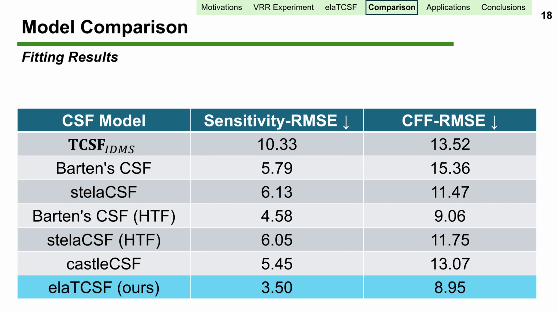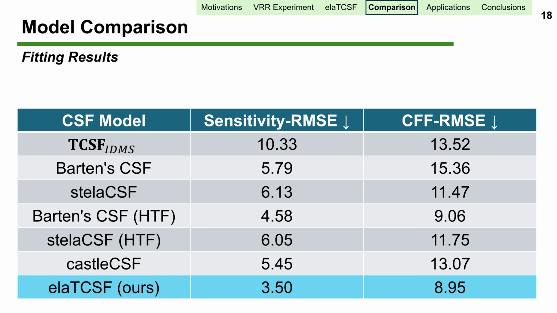The table here compares our elaTCSF with other state-of-the-art CSF models. We evaluated 8 flicker detection datasets, including those based on CFF and sensitivity measurements. 2 metrics were used for comparison. Sensitivity RMSE, which measures the RMSE loss between predicted and actual sensitivity, and CFF RMSE, which evaluates the RMSE loss between predicted and actual CFF.